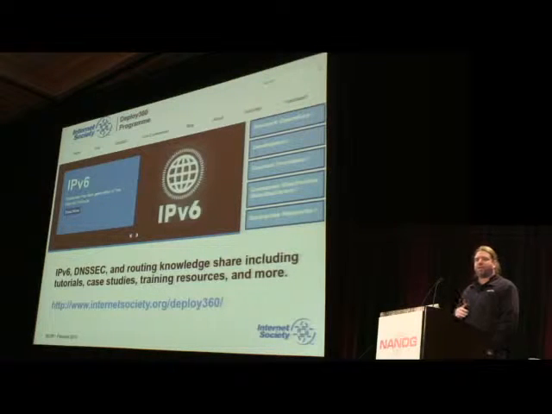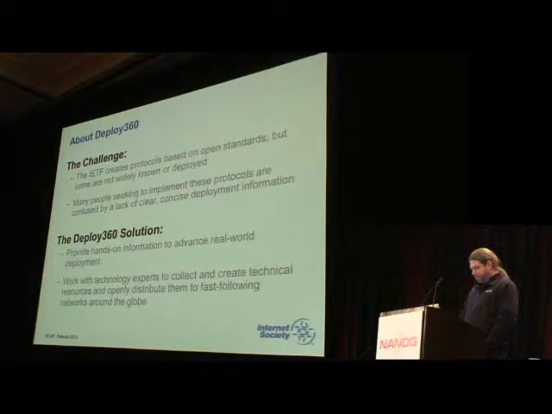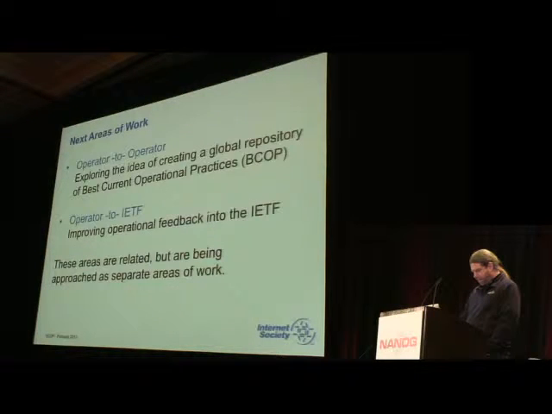This is not about fantasies of how it should work. This is about how it is deployed and how it must be deployed, with case studies and so on. So I invite you to check out the site and see also our roadmap. We just started and we need good content to put on it.